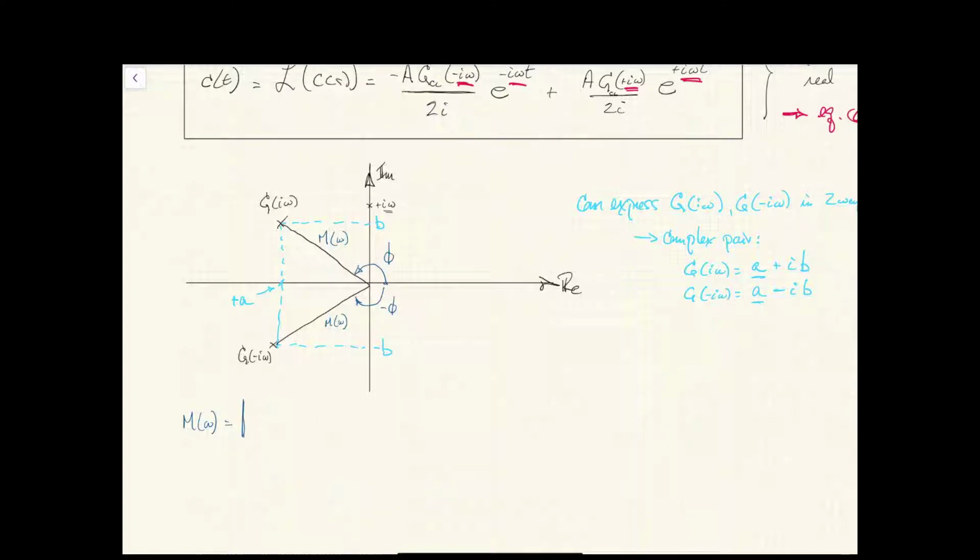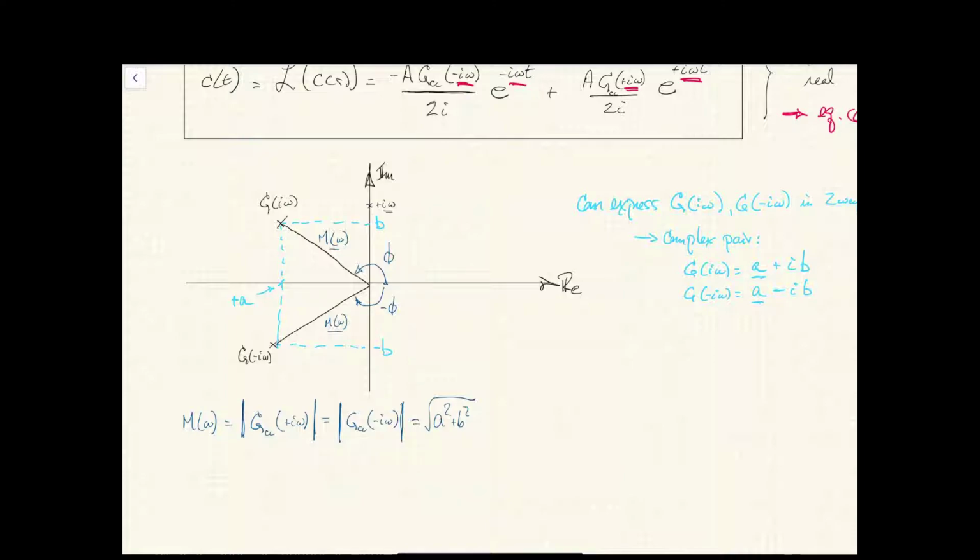Express that with the usual vertical bars of the closed loop function evaluated at plus I omega, which is also equal to the magnitude of the closed loop transfer function evaluated at minus I omega. Because again they're complex pairs, both of which are the square root of a squared plus b squared. We got that from our discussion on polar representations last time.